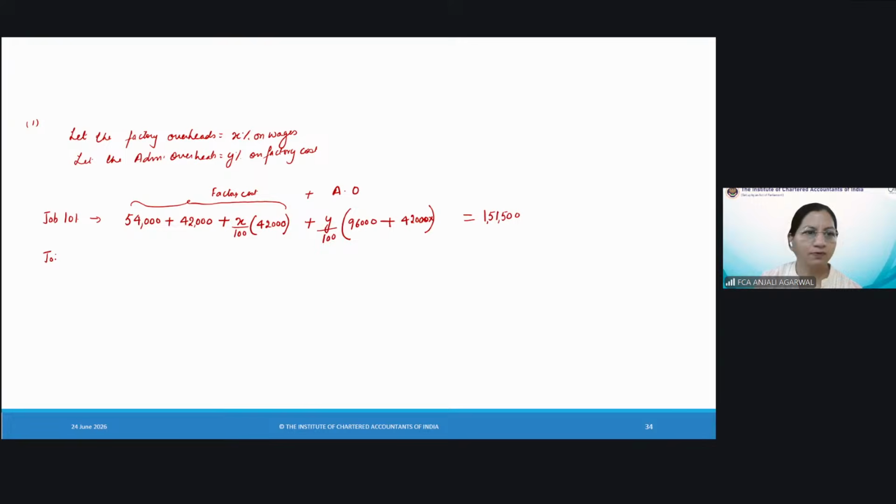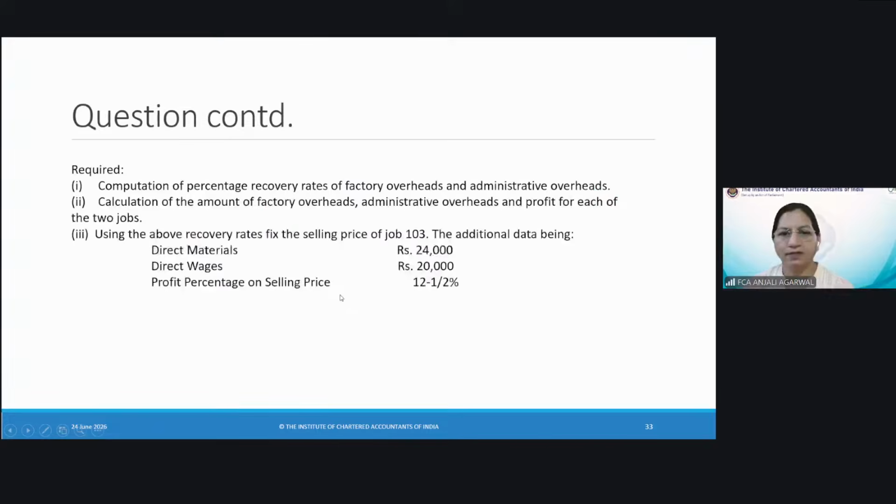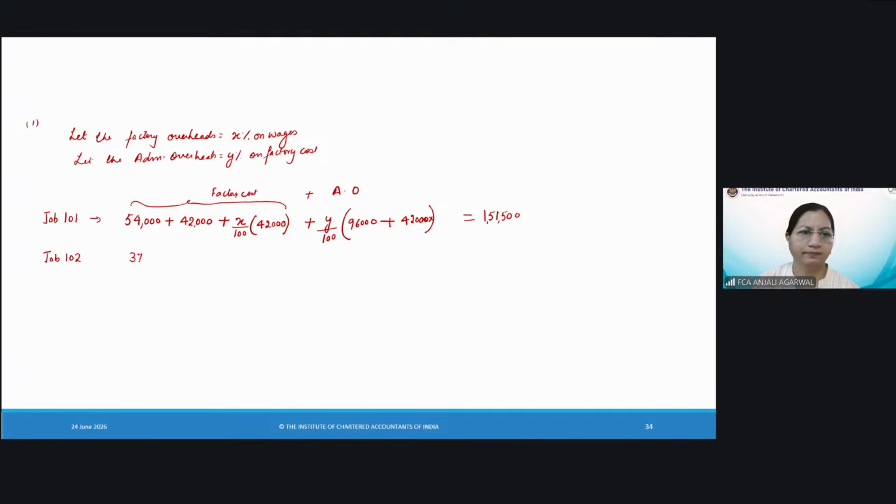For job 102, 37,500 plus 30,000 plus X percentage of 30,000 plus Y by 100 of the total, which is 67,500 plus 300x.